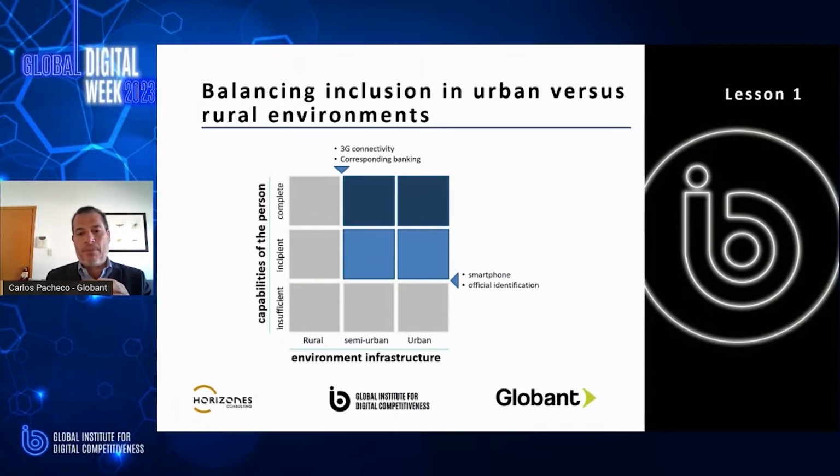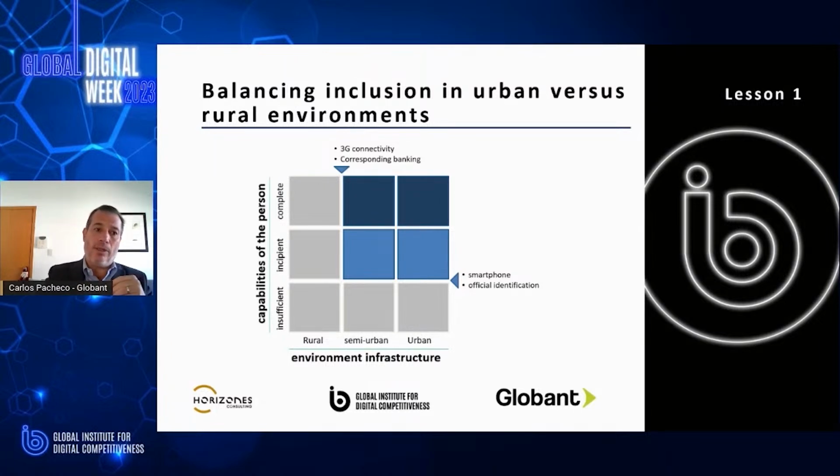These semi-urban areas or belts around the cities have been evolving and have different names in different countries. In Brazil they are called favelas, in other countries they are called barrios. But these are very important because that's the prime target for our financial inclusion efforts.